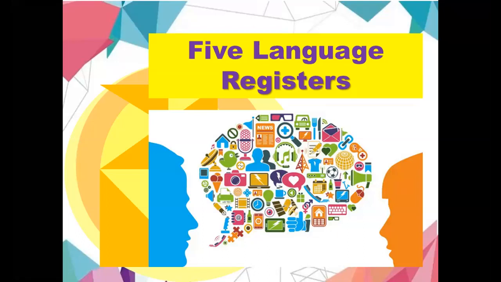Now, for our lecture this day, we are going to talk about language registers, specifically the five language registers. In linguistics, the register is defined as the way a speaker uses language differently in different circumstances. Think about the words you choose, your tone of voice, even your body language.